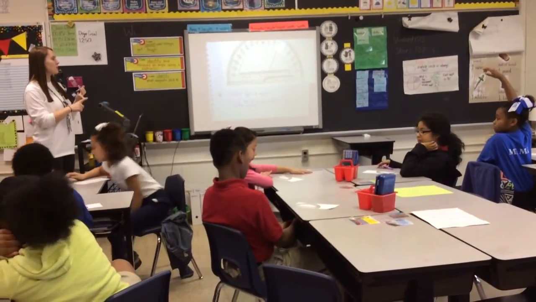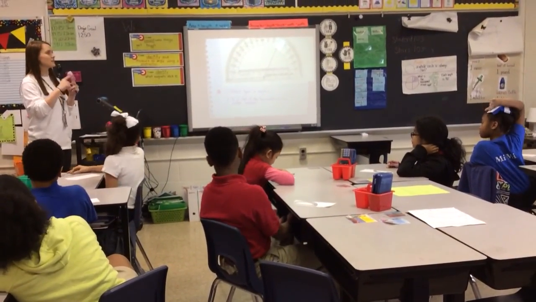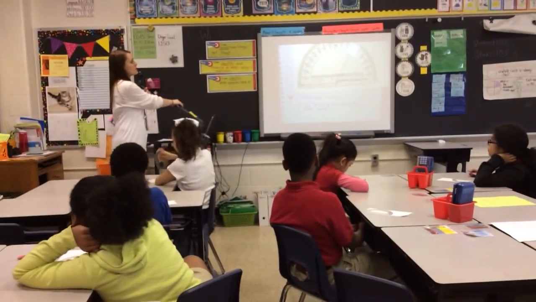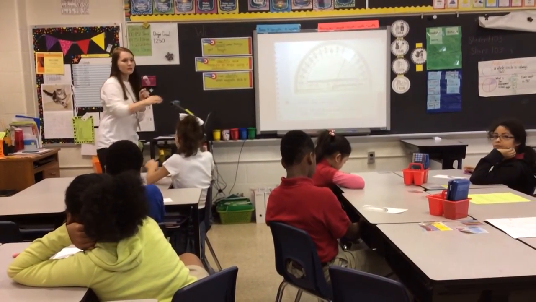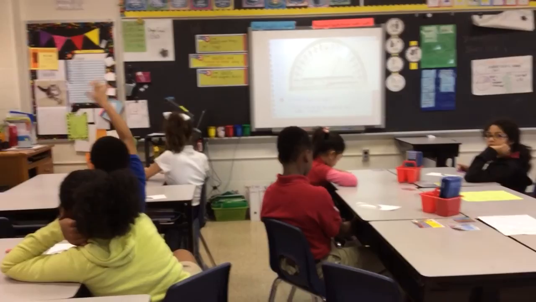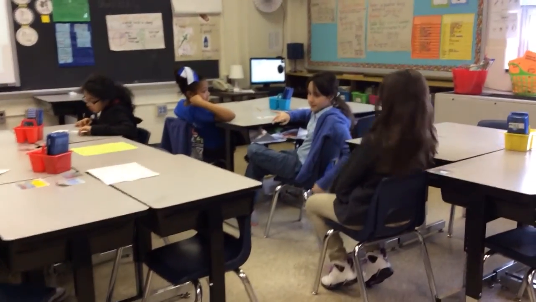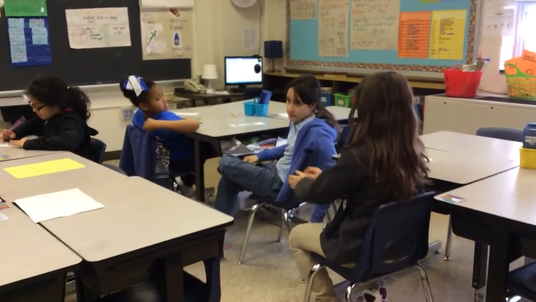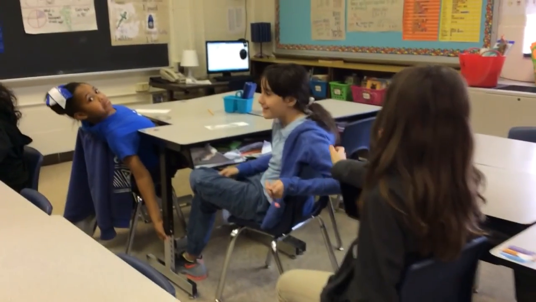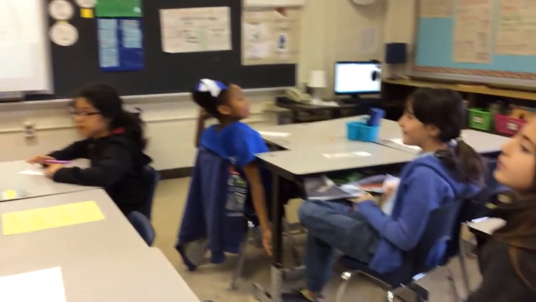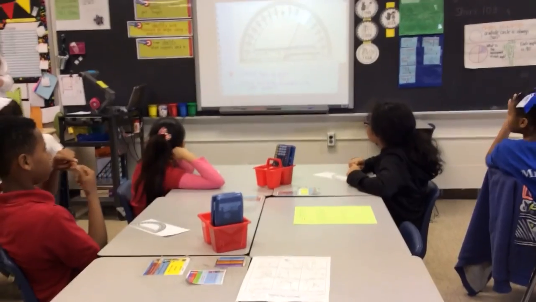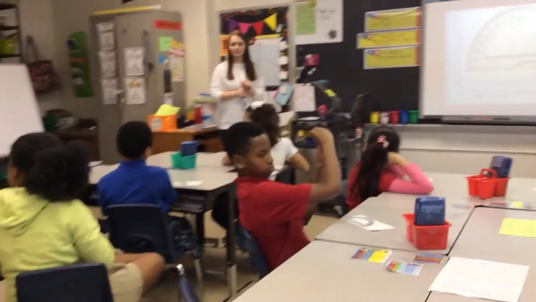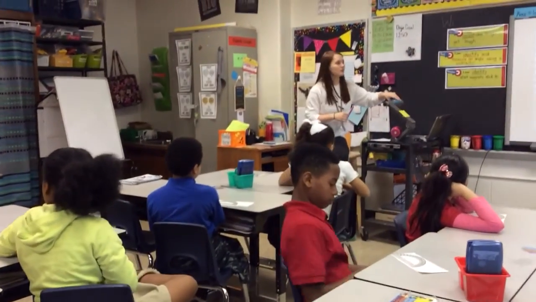Maurice, what type of angle is up here? An obtuse angle. The second question, do I look at the top number or the bottom number? Whisper to your partner which number you look at. Alright. LJ, do I look at the top number or the bottom number? The top number.